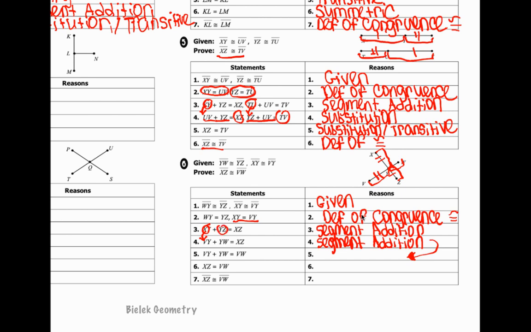So they also replaced there. So line 4 should actually be substitution. I just skipped a line for some reason. So just switch the order on 4 and 5. Sorry, that's so messy, but that's substitution.